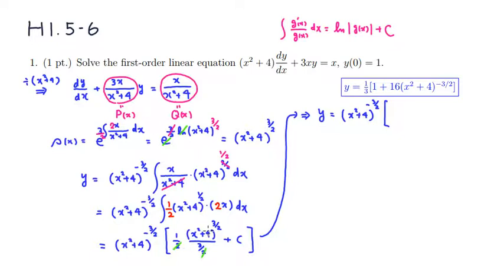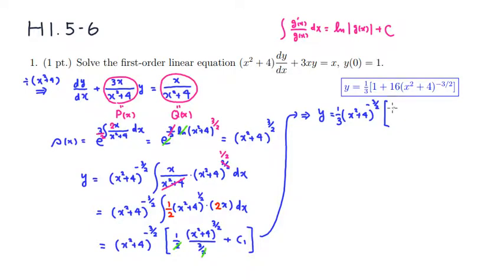I'm going to pull out the 1/3 from here as well. I'm going to call this constant C1, and if you pull out the 1/3, I have to write 3 times C1. But since it's just a constant, I'm going to put C instead.